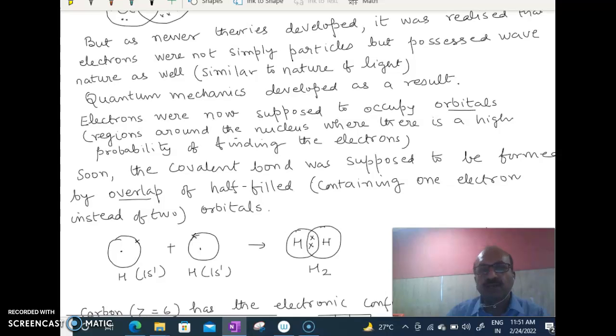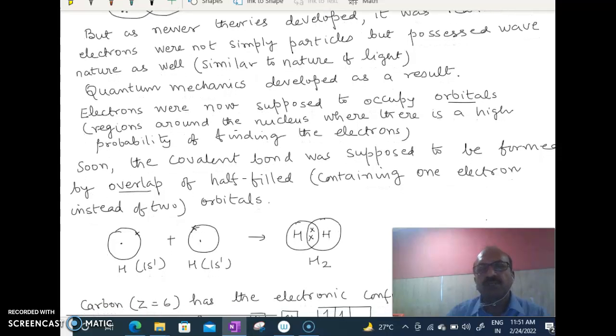Now, one of the changes that happened was that the electrons were now supposed to occupy orbitals. Now, what are orbitals? Orbitals are the regions around the nucleus where there is a high probability of finding the electrons.